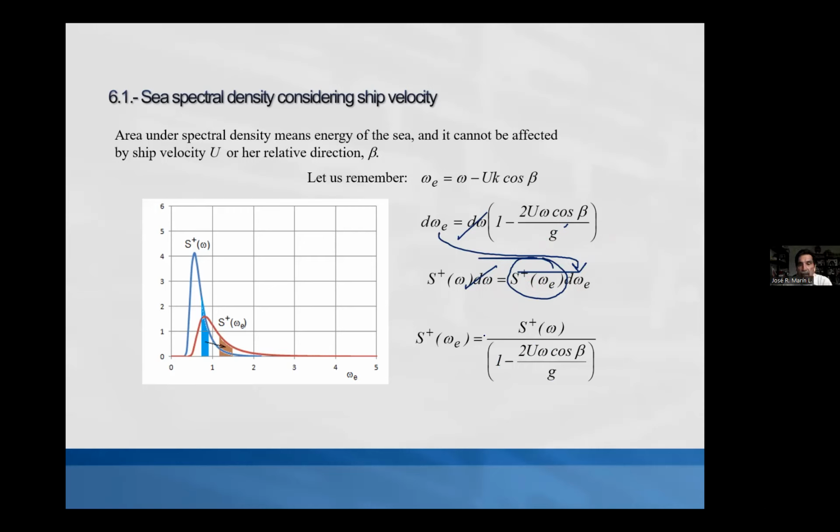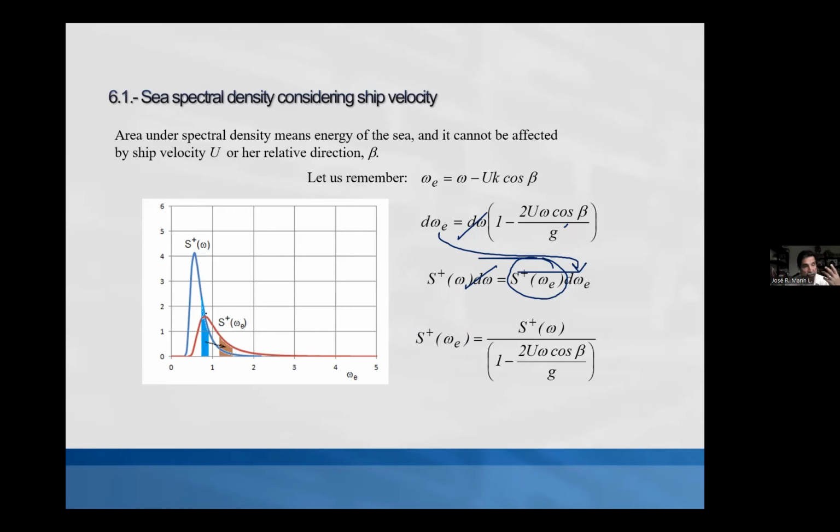Okay, so if we consider it in a graphical way, the blue is the original sea state. And now in brown, we have the new spectral density, so that the area below this is the same as the area from the original function.